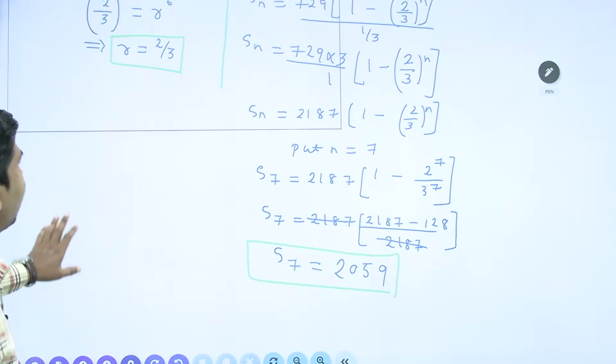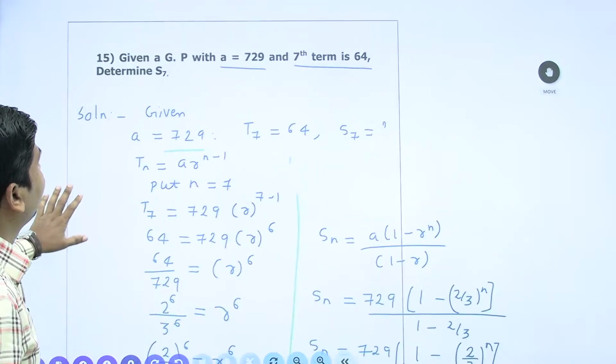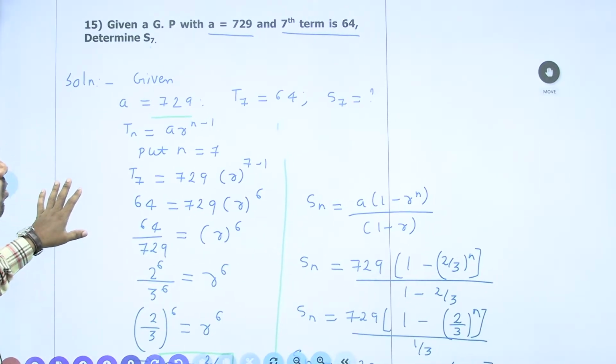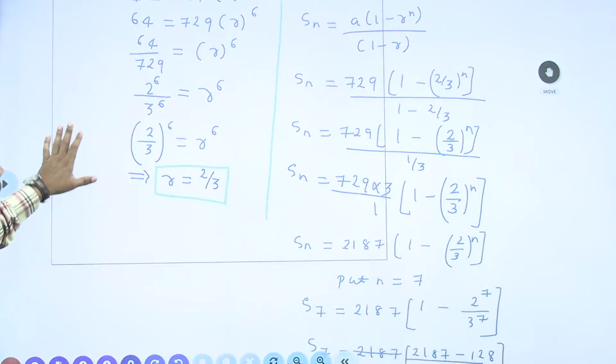This is the sum of 7 terms of the given geometric progression. The conditions given were only A equal to 729 and the 7th term equal to 64. Using the Tn formula we got the R value.